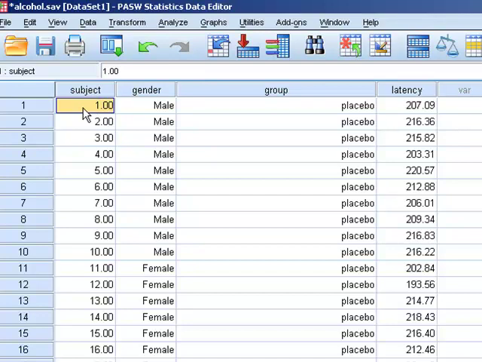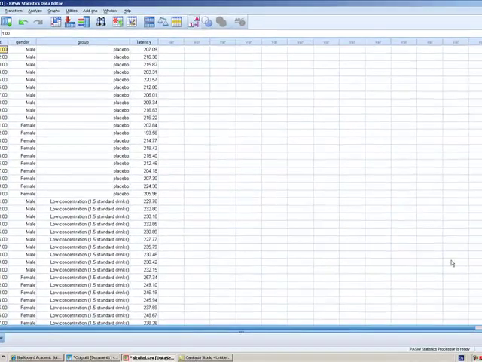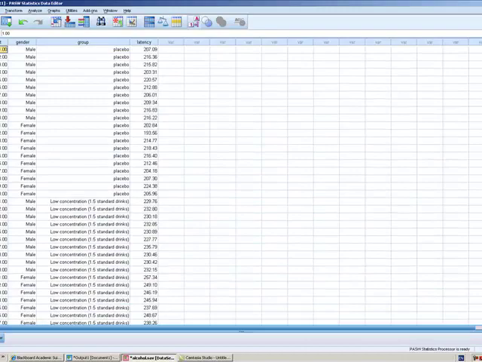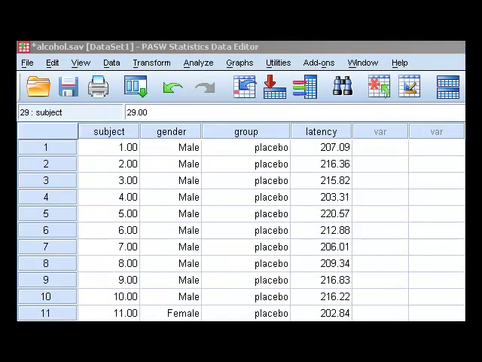We can see that we've got a data set set up as a between groups comparison. Each row of data represents one person, and each column represents a variable. The first variable, labeled subject, is a participant ID. It tells us which person the data has been collected from.